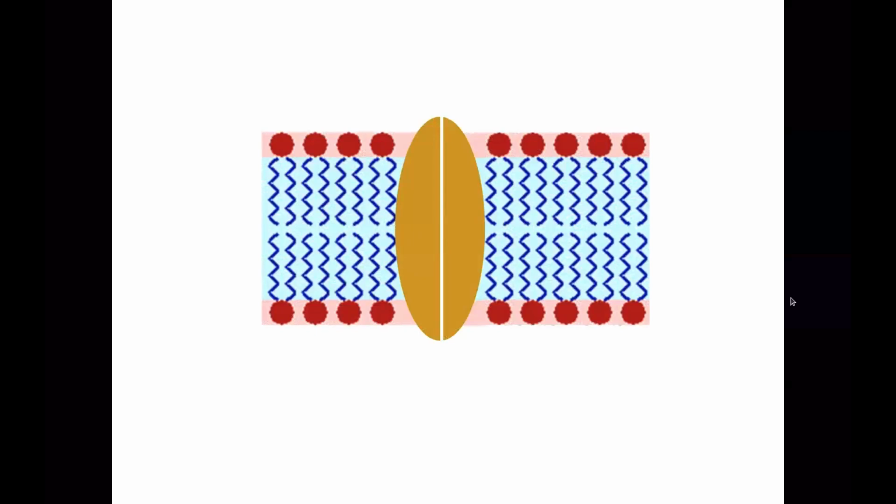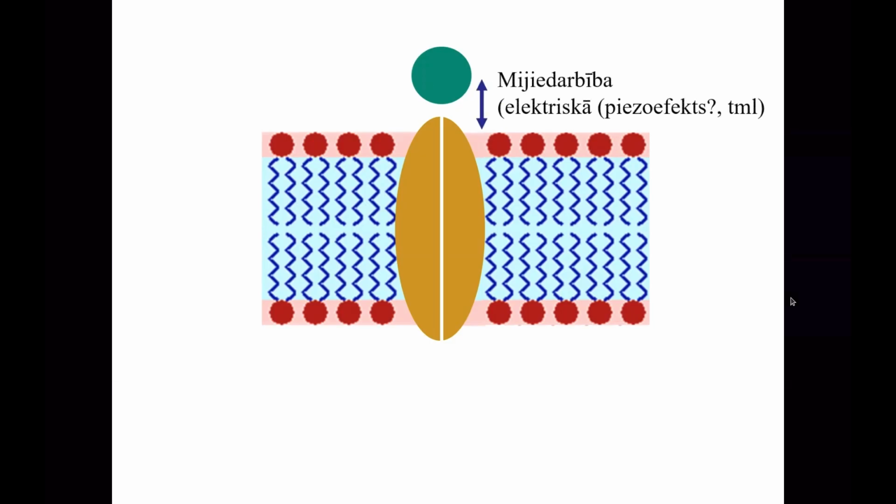So have a look. This is a membrane, and this is a protein molecule that is able to provide transportation from outside to inside. This is the so-called gate molecule. For instance, there is some ion. The ion comes close to this molecule, and because of the interaction between the ion and the molecule, perhaps a piezo effect, or maybe some electrical interaction.